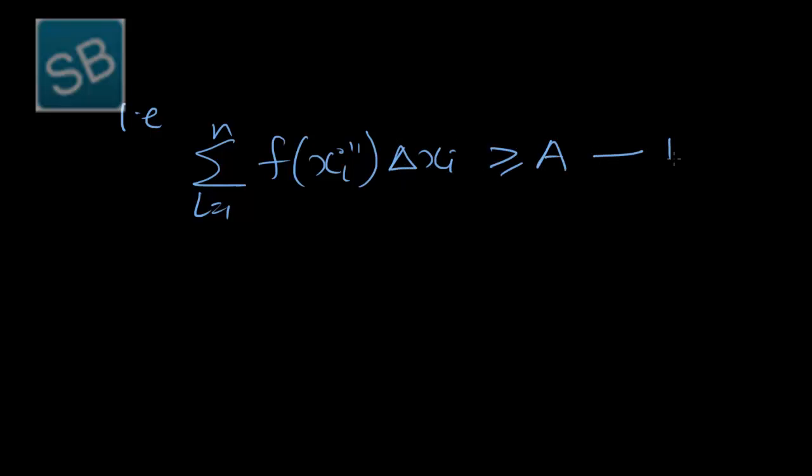That is summation i=1 to n f of xi double dash delta xi greater than or equal to A. That is number 2. That is called upper sum.